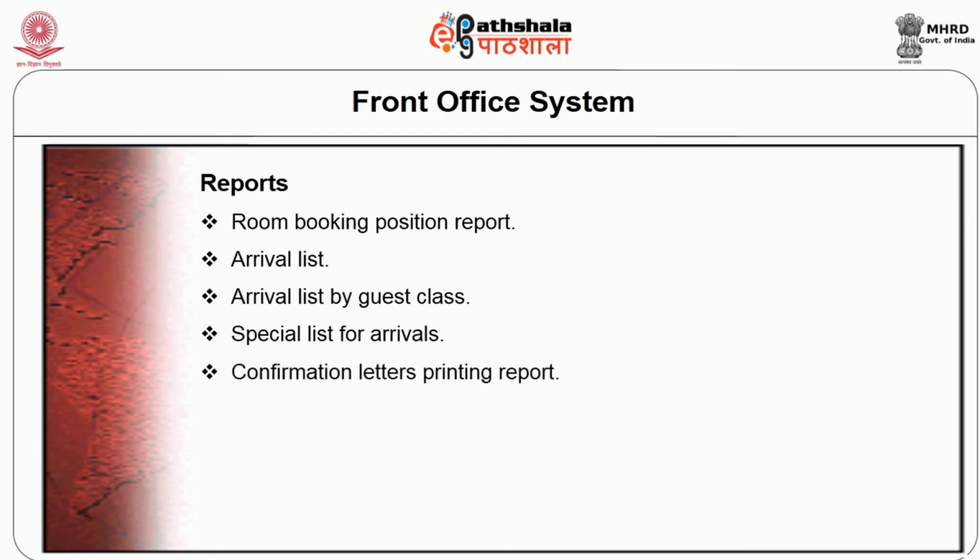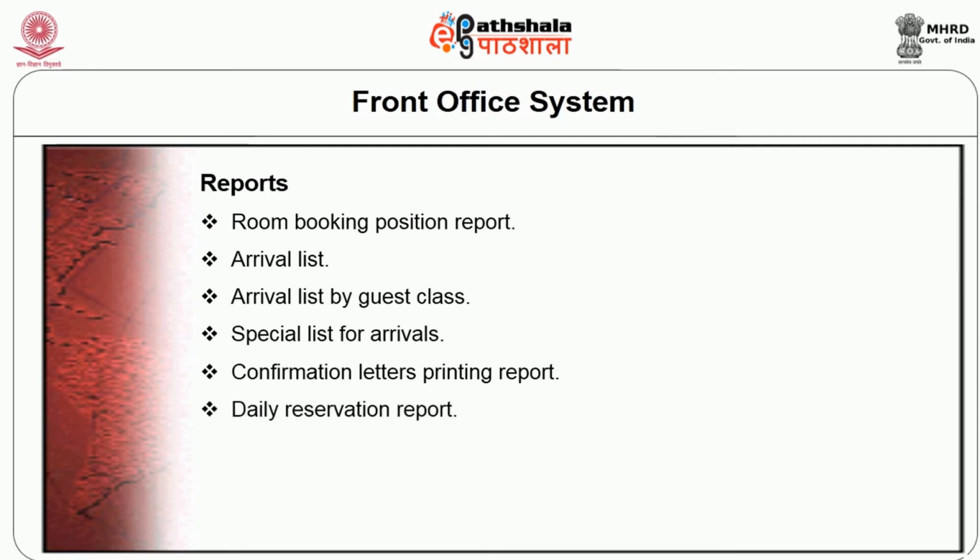Next is the confirmation letters printing report. Confirmation is for those who have confirmed their arrival. So you will take out a copy of the confirmation report, so that you can pre-arrange things beforehand, before their arrival. Next is the daily reservation report.